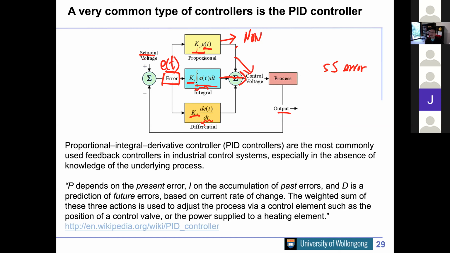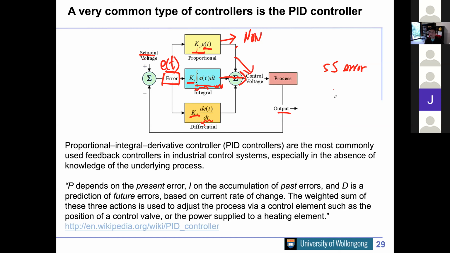If you only have KP, your output is never going to be the same as your input, because you rely on that small error to control your output, or control your system. So you're always going to have steady state error. However, if we have the history there, because history tells me there's some error there, this is going to punish that steady state, and eventually you have no error.